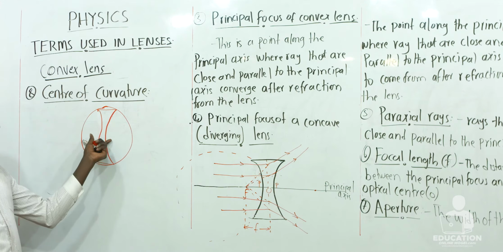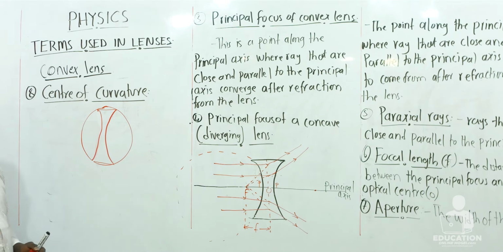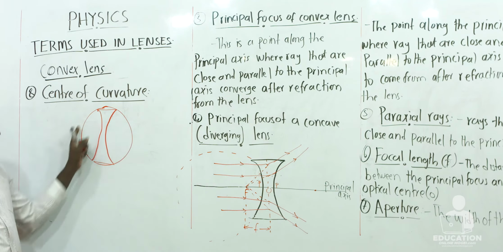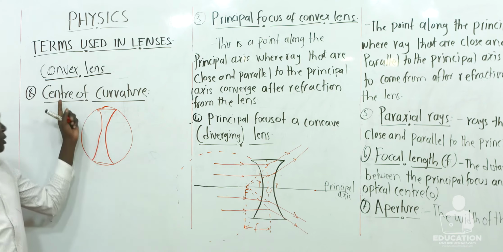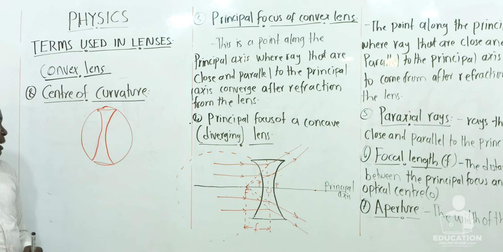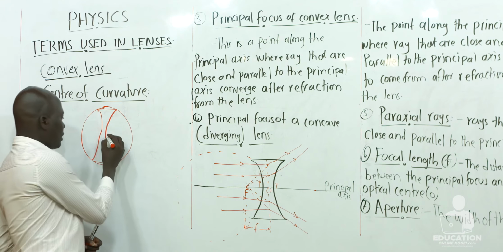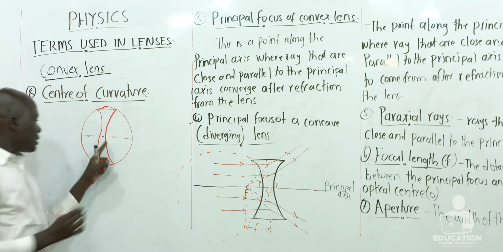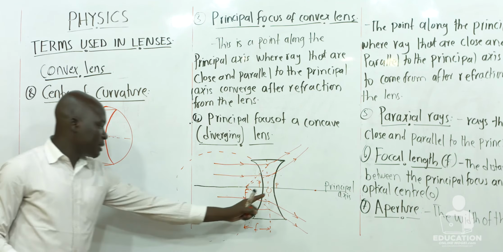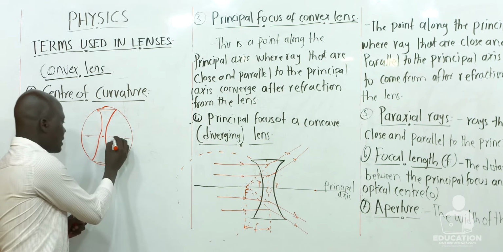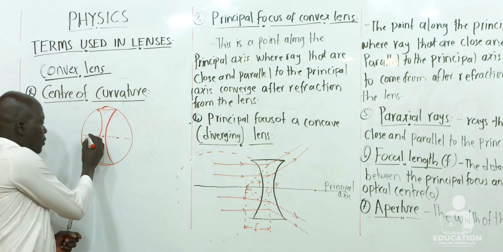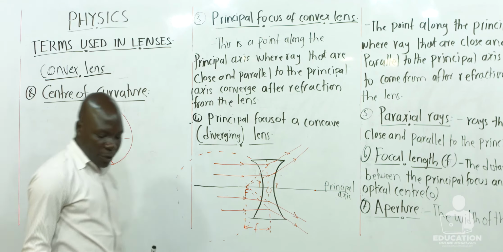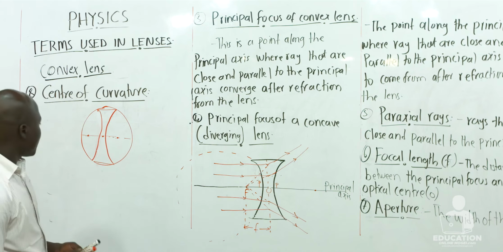Now the center of this sphere from which this lens has been cut is what is called the center of curvature. This is the optical center, which is this point, which means the center can be at either this point or that point. That is the center of the sphere from which the lens has been cut.